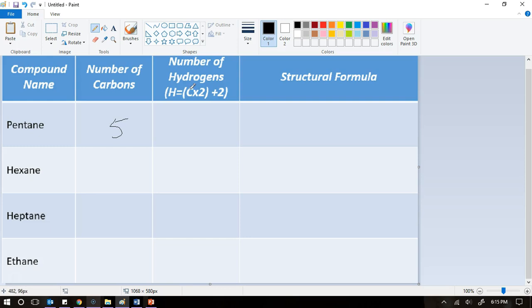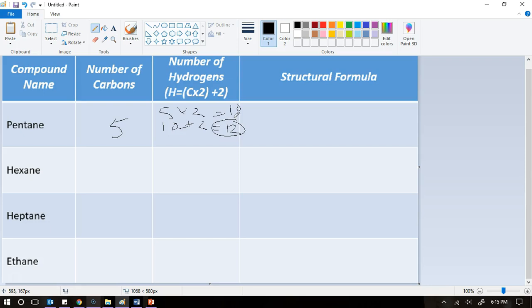So if I've got 5 carbons times 2, alright, so 5 carbons times 2, that's going to give me 10, plus 2 additional. Alright, so I end up with a total of 12 hydrogens in this particular molecule.